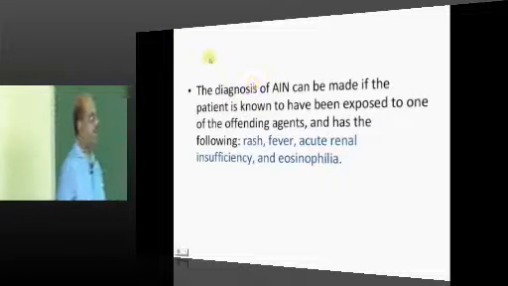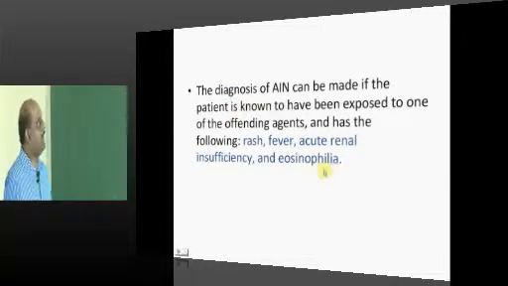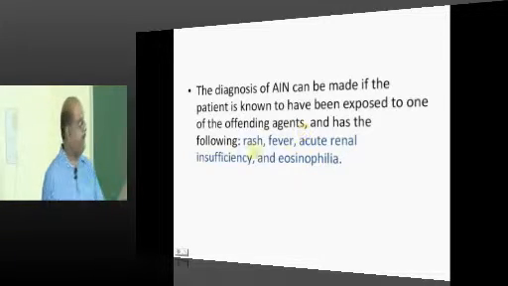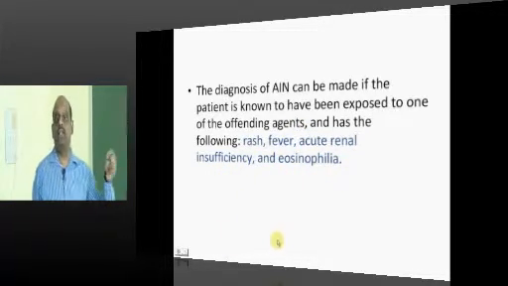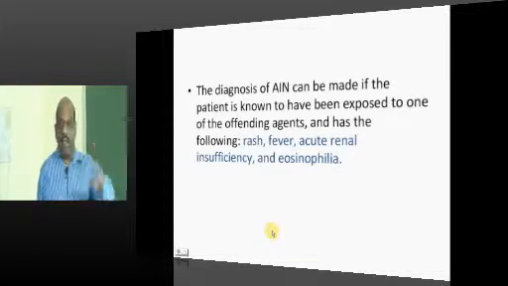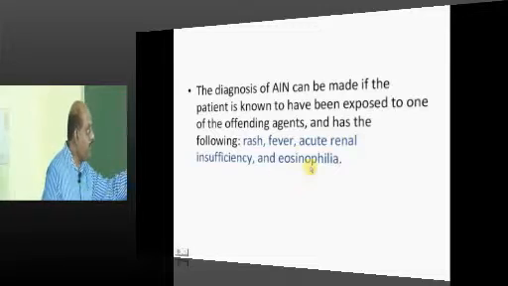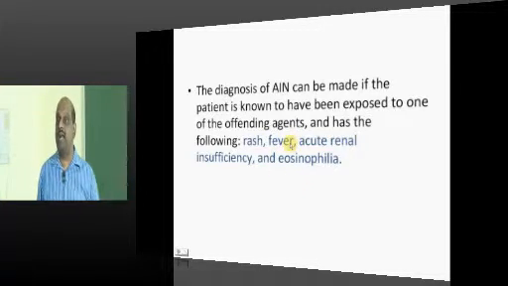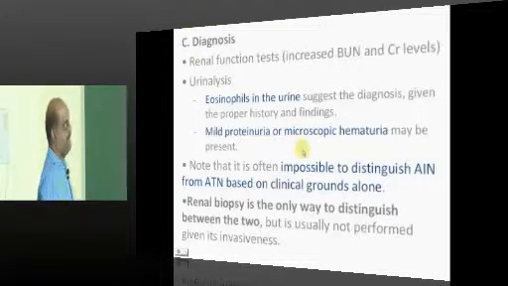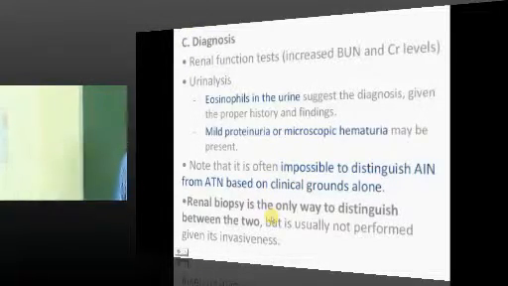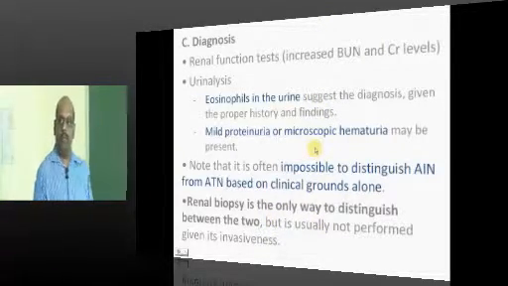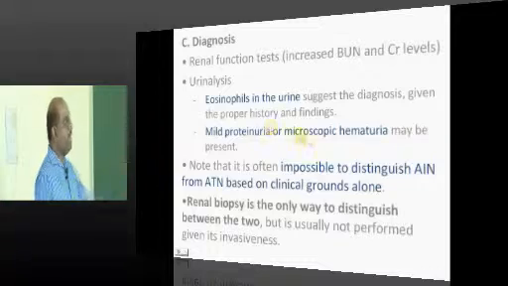So that is the reason, doctor, any patient who has been exposed to one of the offending agents like a drug and developed rash, fever with acute renal insufficiency with eosinophilia, that is, urea and creatinine have shot up along with eosinophilia, rash, fever, recently started on a drug, think of the possibility of tubulointerstitial nephritis. If you do urine analysis, you find eosinophiluria. There can be microscopic hematuria and proteinuria.